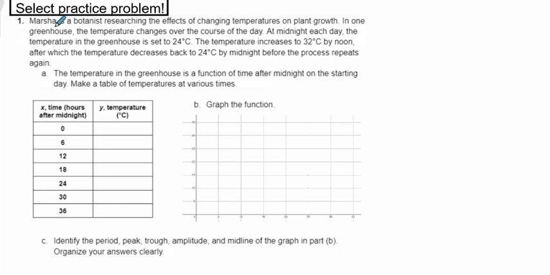It says Marcia is a botanist, somebody who works with plants, researching the effects of changing temperatures on plant growth. In one greenhouse, the temperature changes over the course of the day. At midnight each day, the temperature of the greenhouse is set to 24 degrees Celsius. The temperature increases to 32 degrees Celsius by noon, after which the temperature decreases back to 24 degrees Celsius by midnight before the process repeats itself again.